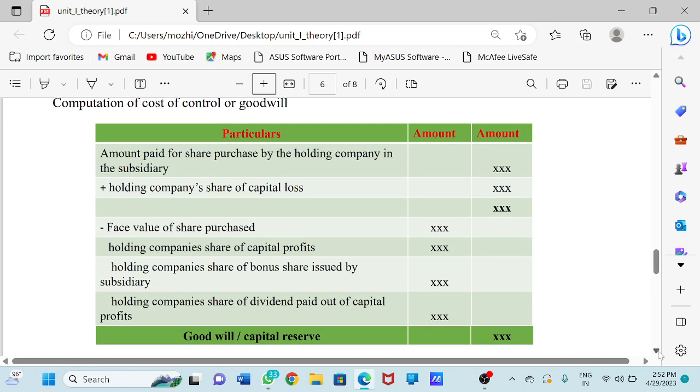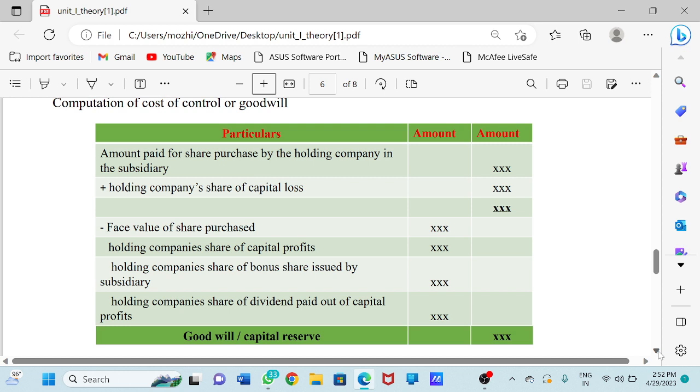And the next one, how we will ascertain the cost of control or goodwill. We will take how much amount we have invested or paid in purchasing the company's shares. That amount, if we have any capital loss from the holding company's shares, will be added back. After that, we will deduct the value of the shares that is purchased, nothing but the face value.